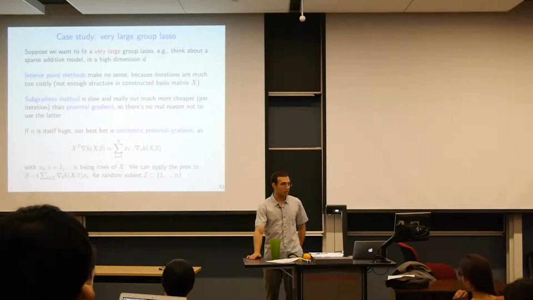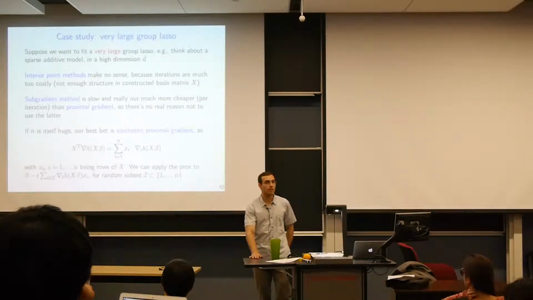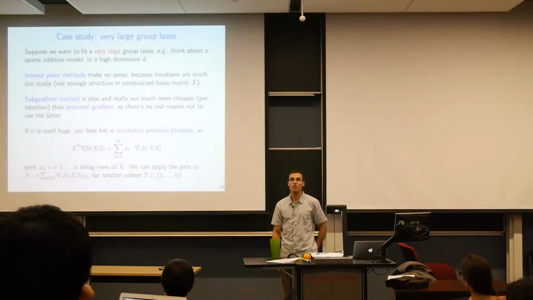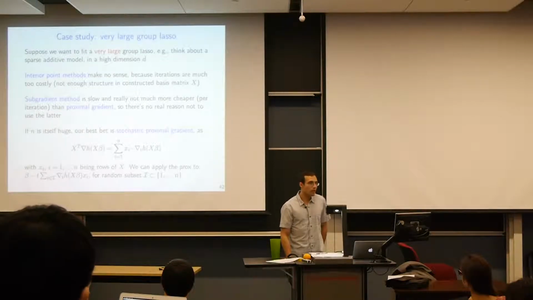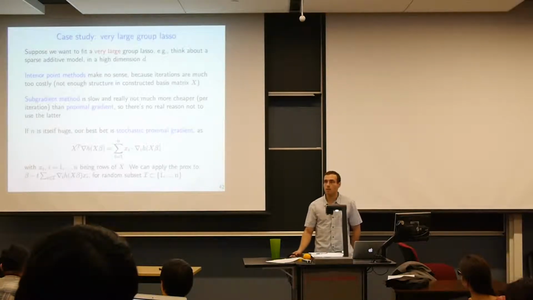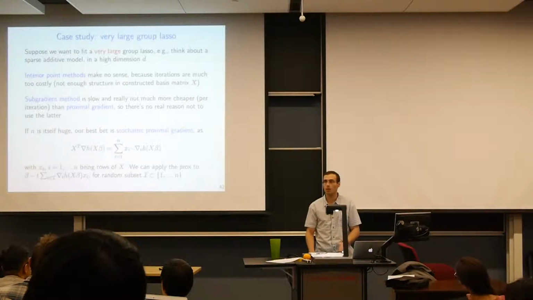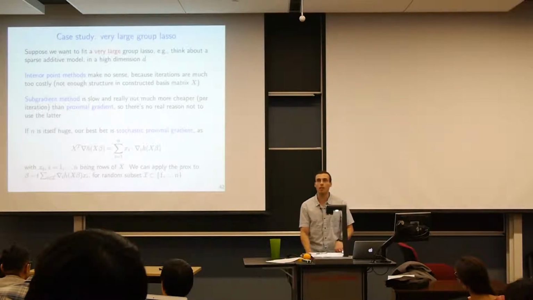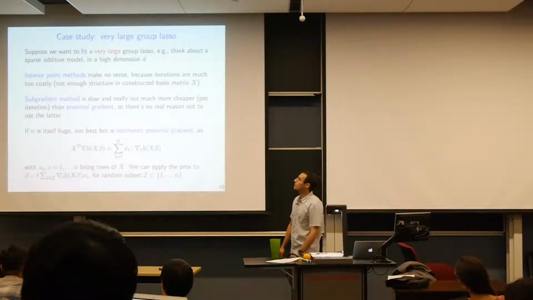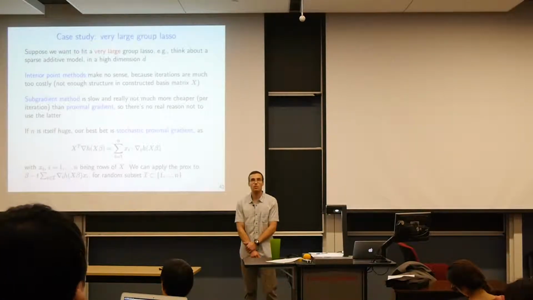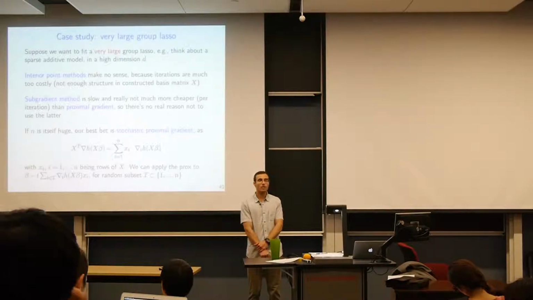And so I'm going to try to solve a 10D by 10D linear system with an interior point method. And that would be OK if the X matrix was structured. But because we're filling it with just evaluations of basis functions, like polynomials, sines and cosines, et cetera, it's going to be generically dense. Okay, so it's going to be a very big, dense matrix. The interior point method iterations are just too costly. So it's not a good idea to use that in this case.